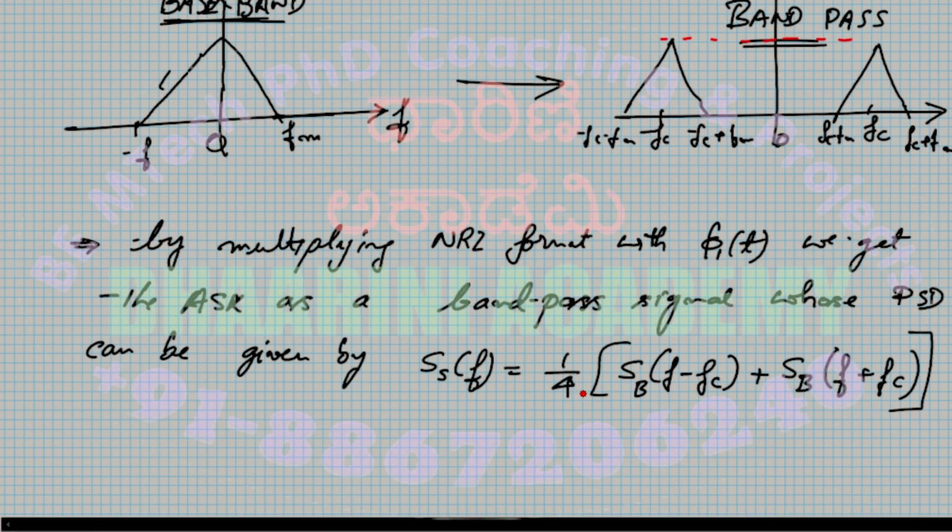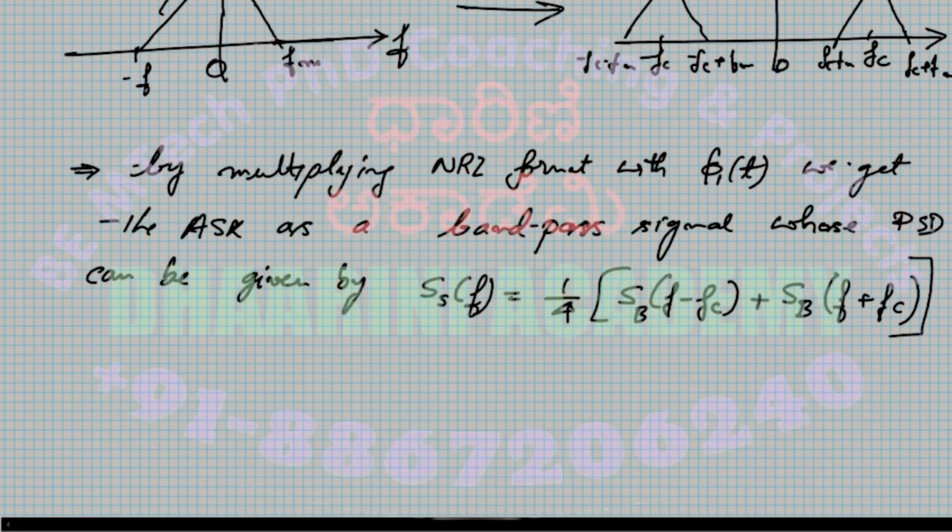This is when I'm talking about the PSD, power spectral density, there is a coefficient 1 by 4. If you are looking at the spectrum, there is a different multiplier. Actually, there is a completely different derivation for that. So as of now, we are skipping that part. That's not required because we are not dealing with how to represent the PSD, etc.